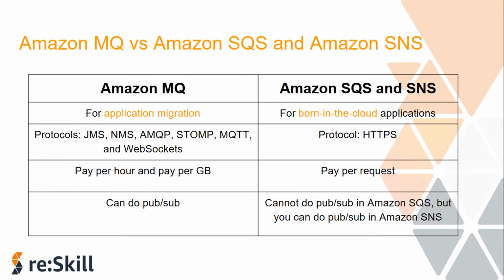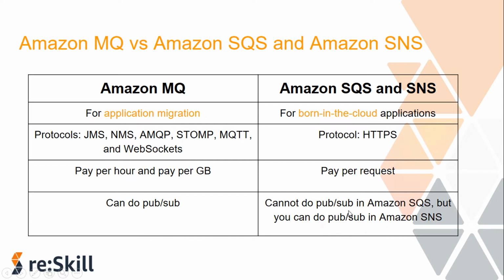A message is produced and a message is delivered at least once, and it is useful when you need a queue with limited backing logic. So you can use SQS and SNS to decouple and scale microservices, distributed systems and serverless applications and overall improve reliability. The protocol it supports is HTTPS, and you pay per request in SQS and SNS.